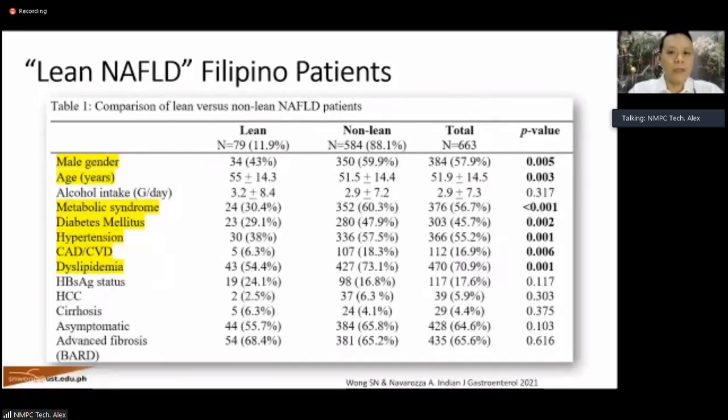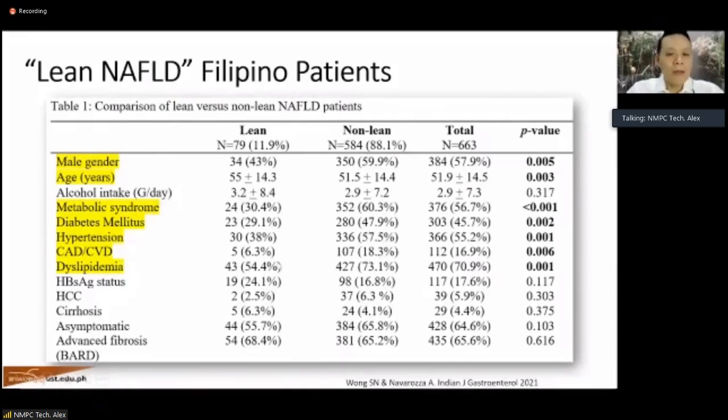And what we did notice is that lean NAFLD patients are usually younger, and they have less probability of having evidence of metabolic dysregulation. Okay, so lower metabolic syndrome, lower incidence of diabetes mellitus compared to non-lean individuals. But what do you notice?